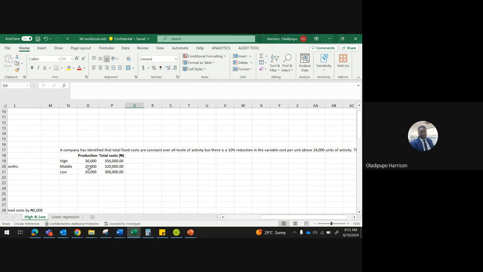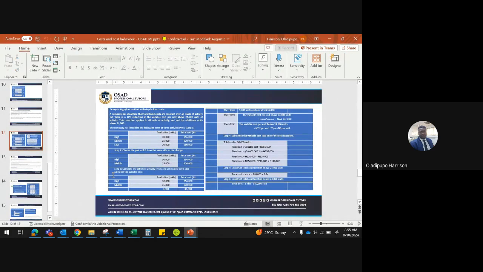So that means from 25,000 and 30,000, we are definitely going to have that reduction in variable cost per unit, which is about 10%. And then for the low, there is no variable cost reduction at all.